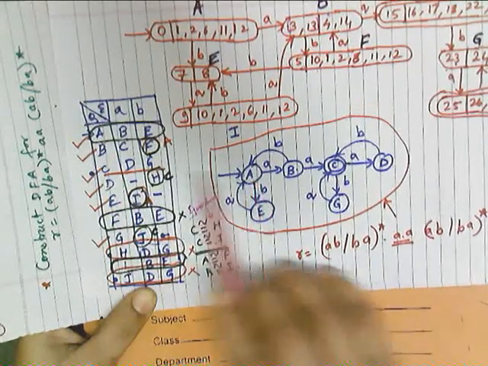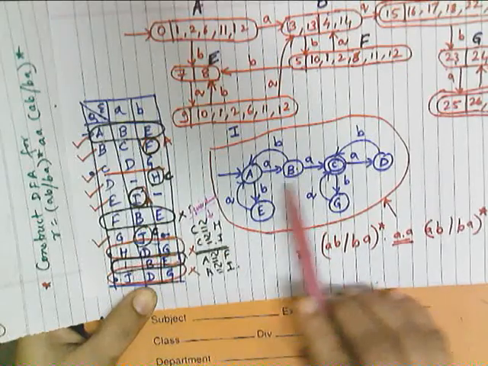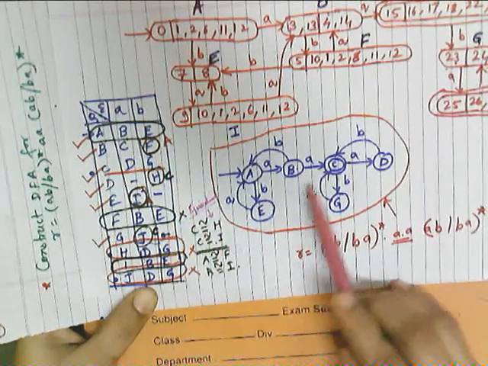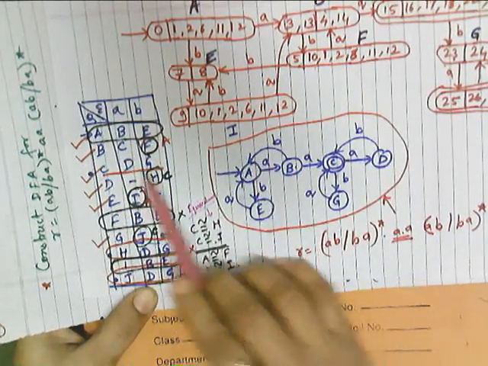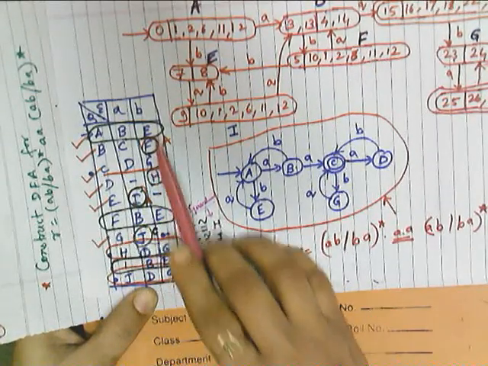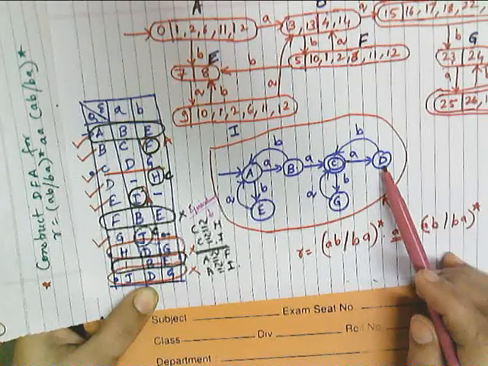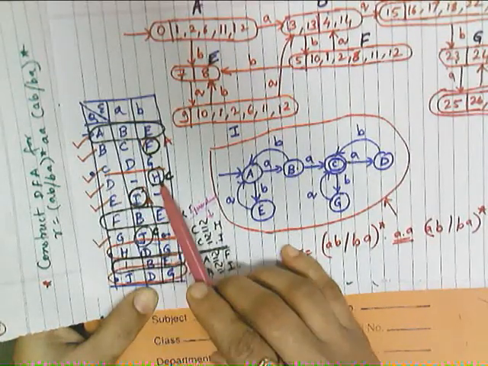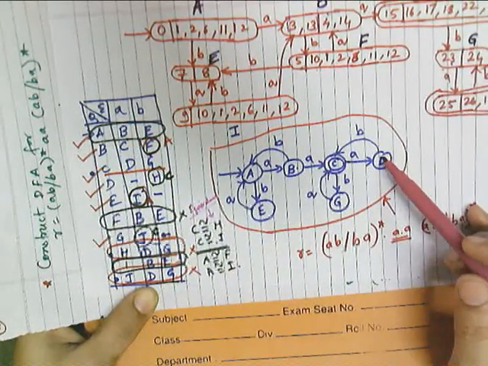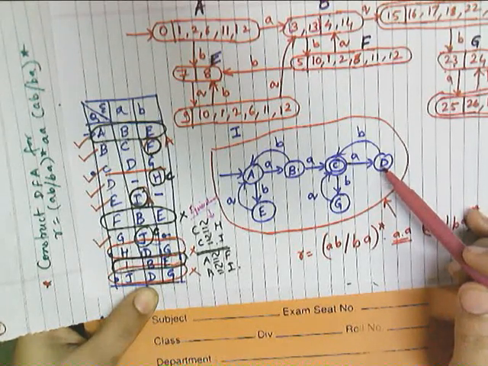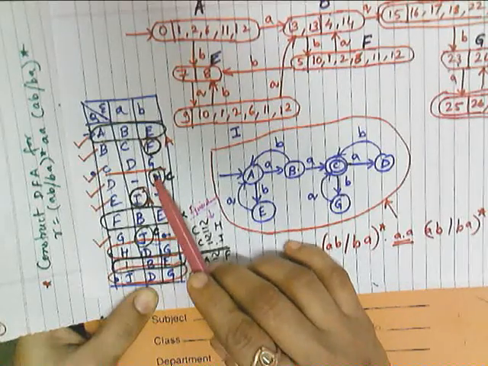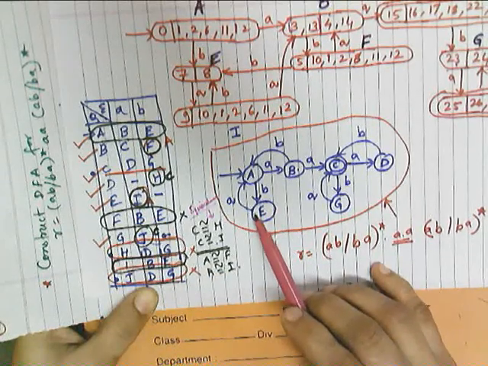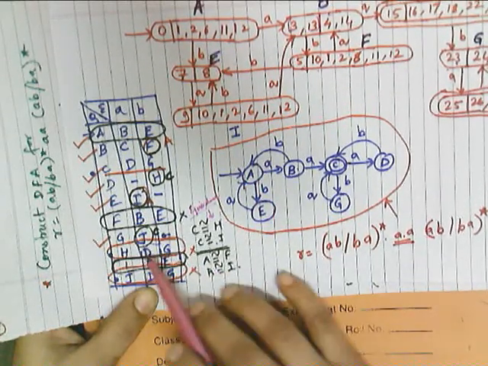I have just copied: A on A moves to B, A on B moves to E. Similarly, B on A moves to C, B on B moves to A. Then C on A moves to D, C on B moves to G. Then there is a turn of D: D on A moves nowhere, D on B moves to H, which is replaced by C. Next is E on A moves to A and on B moves nowhere, only G is remaining.